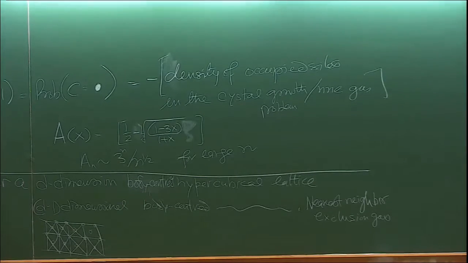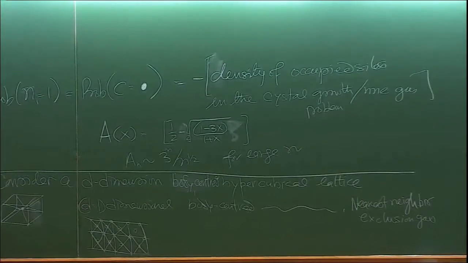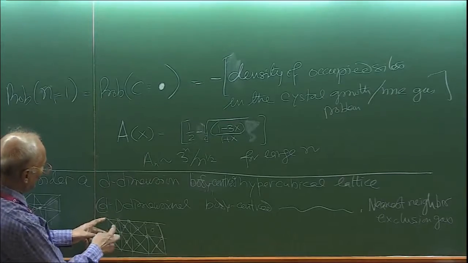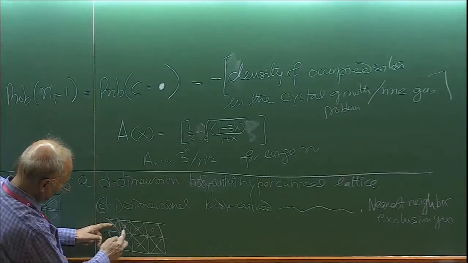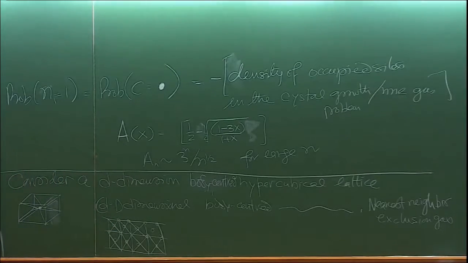I will do exactly the same Monte Carlo, odd-even update: parallel update of all odd sites, then parallel update of all even sites. If all these sites are empty, then I will occupy this with some probability. Then I will take all these 4 neighbors, and if all these are empty, I will occupy it with some probability and keep on going like that. And they'll produce the equilibrium configuration. So there will be some equilibrium density for any given activity.